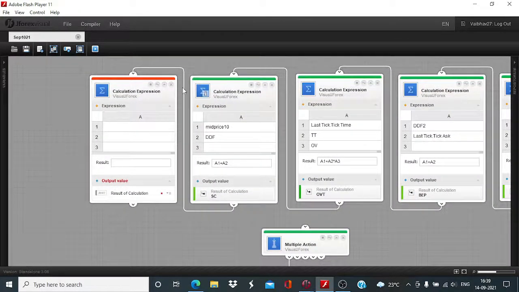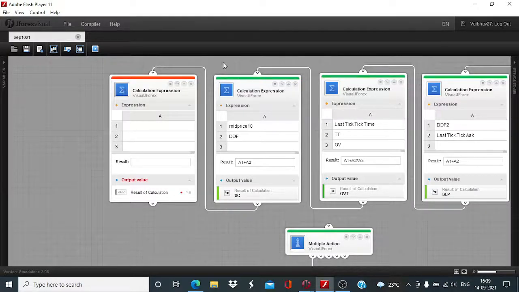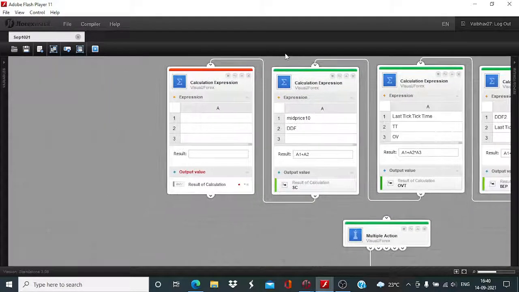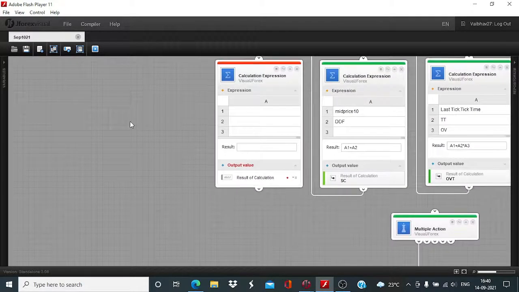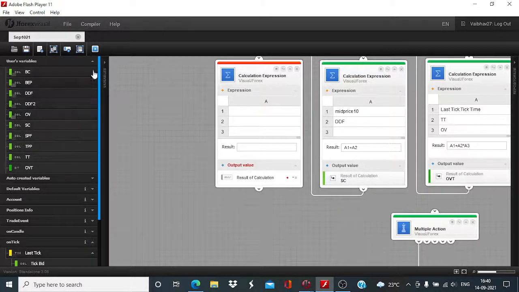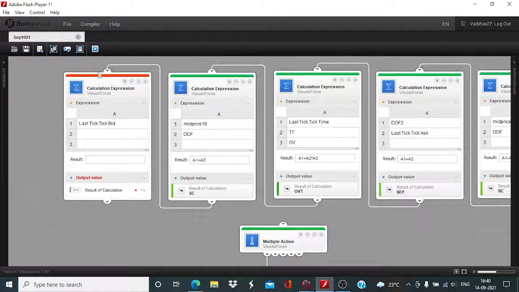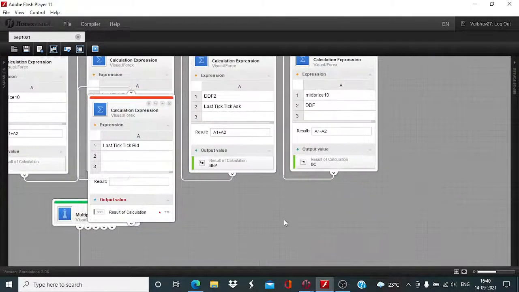so this is done. Now comes the question of defining the sale execution price, and for that we have to deduct the 5 pips from last tick bid or tick ask. So I take last tick bid, and from it 5 pips will be deducted.